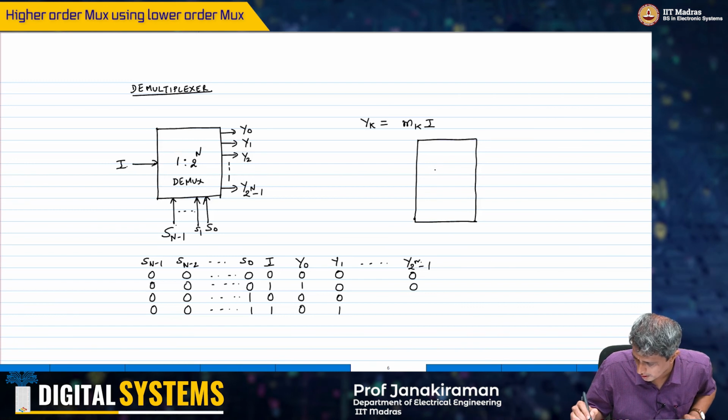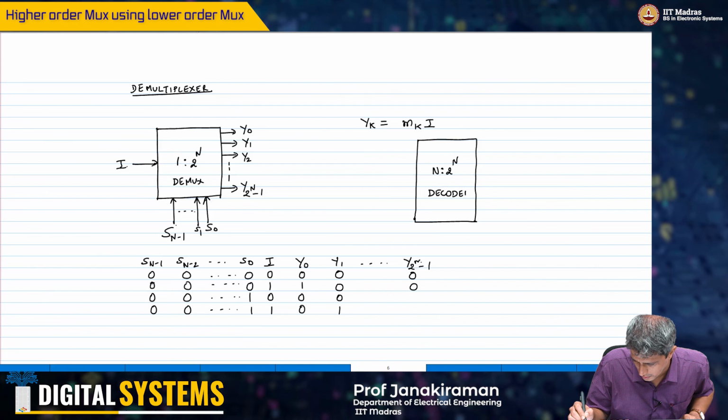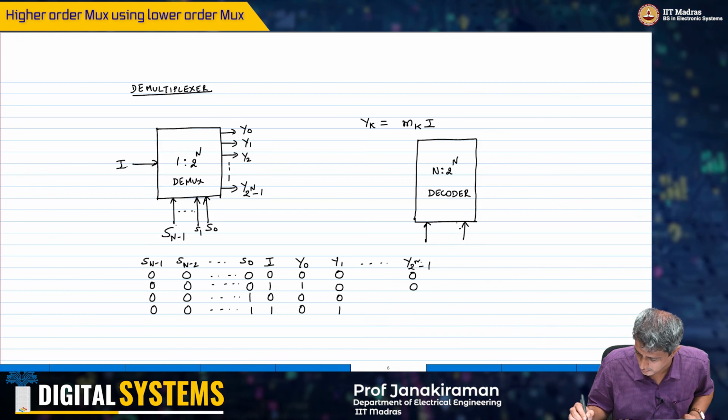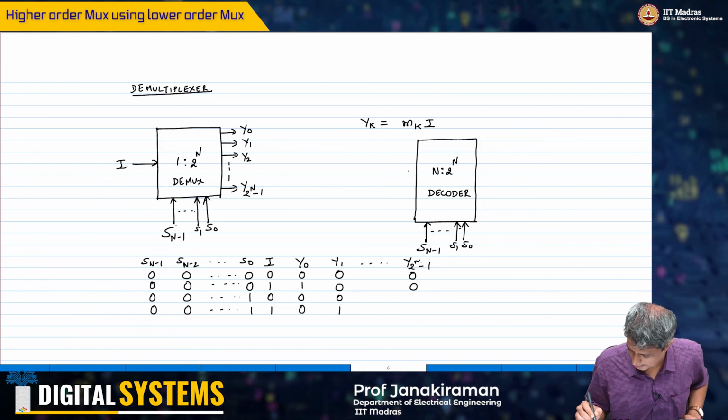This is an n is to 2 power n decoder, and I have my select lines coming here, S0, S1, Sn minus 1, and I have the outputs.